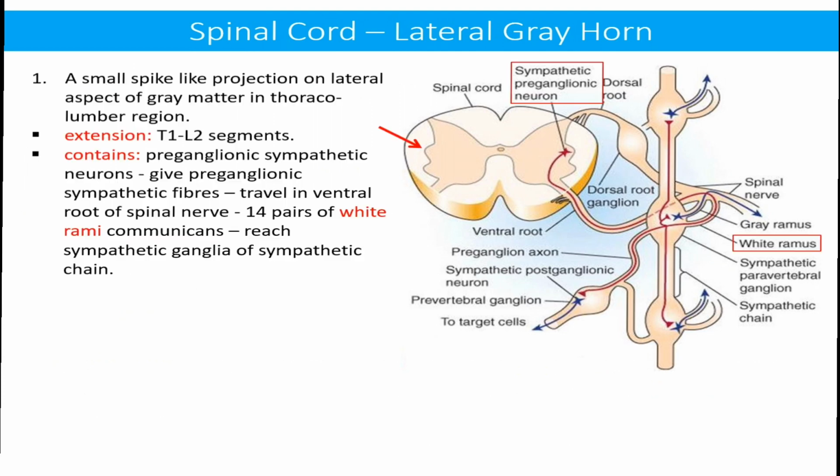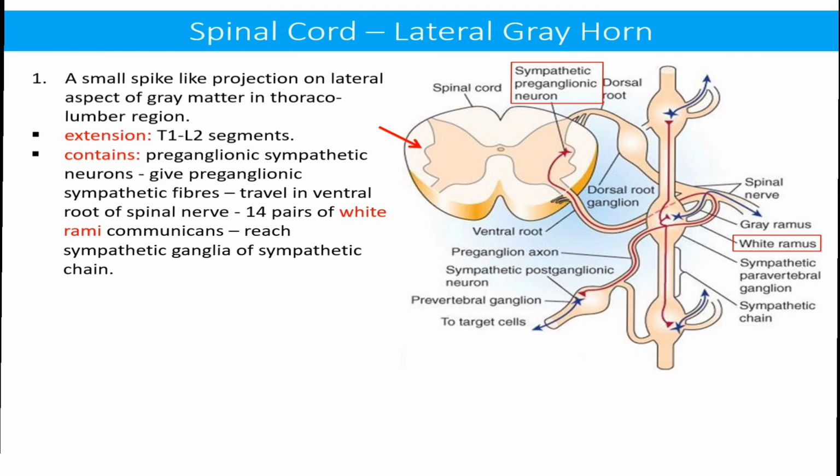Lateral gray horn of the spinal cord is a small spike-like projection on the lateral aspect of gray matter in the thoracolumbar region. It extends from thoracic 1 segment to the lumbar 2nd segment of the spinal cord.